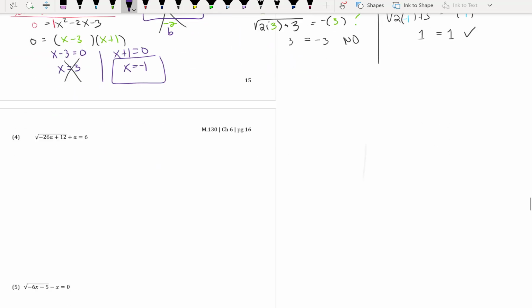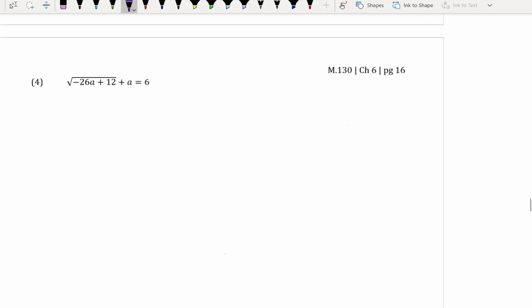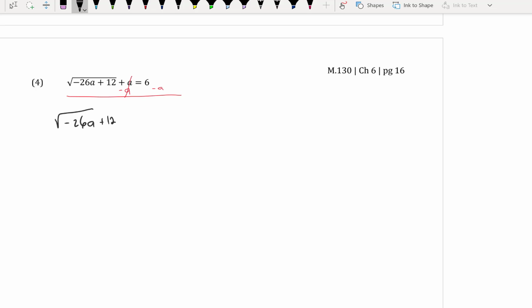Okay. Now let's look at number 4. For number 4, the radical is not isolated, so I would need to subtract a from both sides. Then I would have the square root of -26a plus 12 inside the radical is equal to -a plus 6.